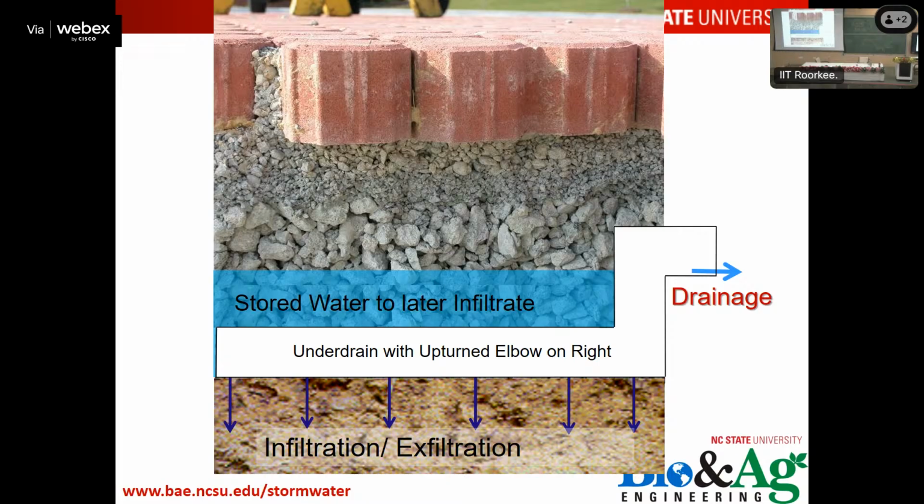But this is something called internal water storage, okay? IWS. And if any of you ever read any of my papers on bioretention, especially, and some subset of them on permeable pavement, I will talk all about IWS, all right? It is something we use all the time in North Carolina for bioretention.